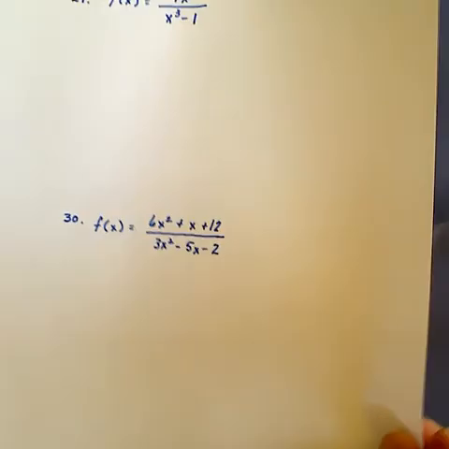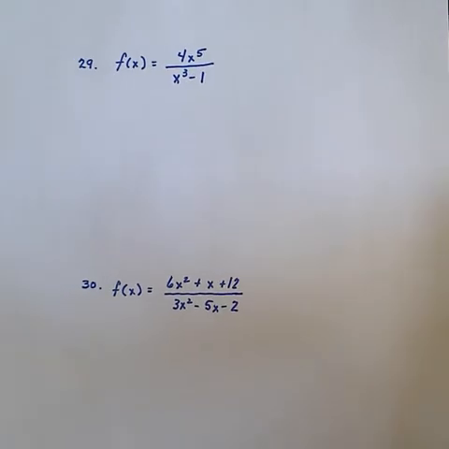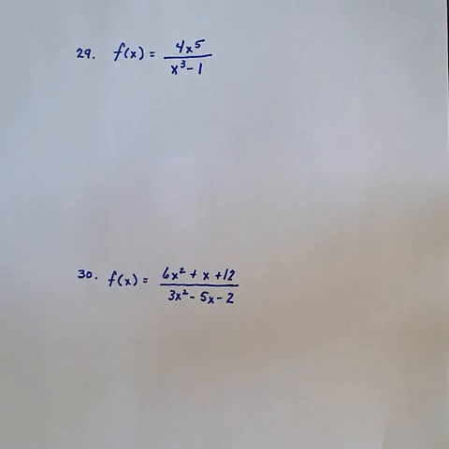Now, if you wanted to graph it, you could. I'm not sure if you're going to be able to see it or not, but I'm going to go ahead and do that for 29. It's not as bad to graph. So I'm going to go to y equals, and I'm going to type in, hold on, let me clean a couple things here.